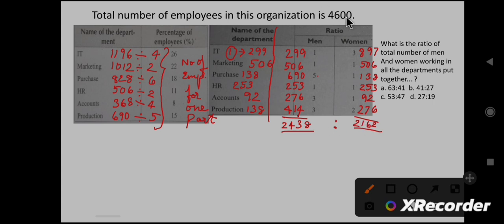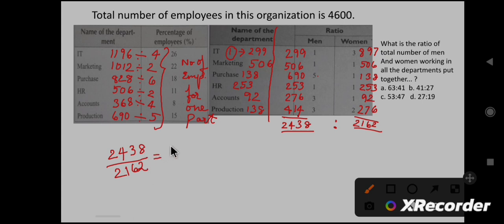Then what we have to do now is divide these two numbers. Let me write it here: 2438 divided by 2162. We can see that this ends at 8 and 2, which are even numbers, so let us divide by 2.